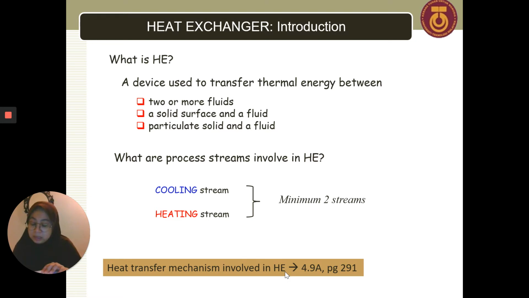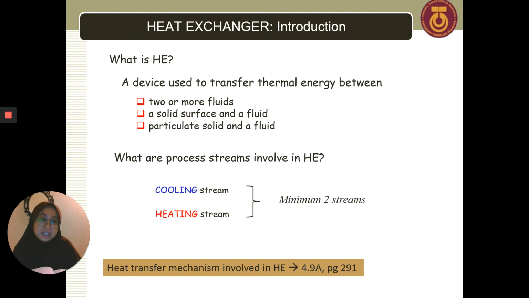Via convection means that, for instance, if you have a shell and tube heat exchanger, the heat transfer from the fluid inside the tube to the tube wall occurs via convection. Meanwhile, the heat transfer through the tube wall is via conduction.